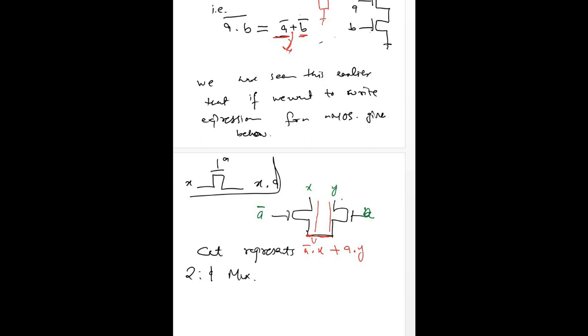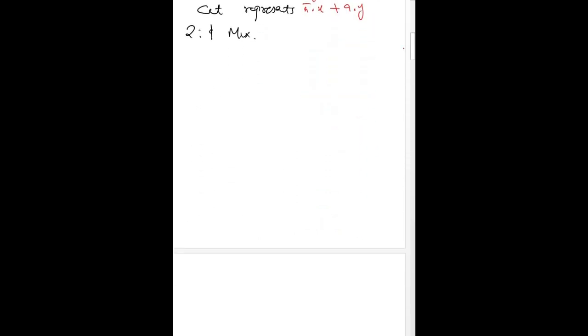Let us now consider a bit more complex circuit that can be represented by a truth table. Or if you are given a truth table, how can you design your circuit? An example is designing using the function table.